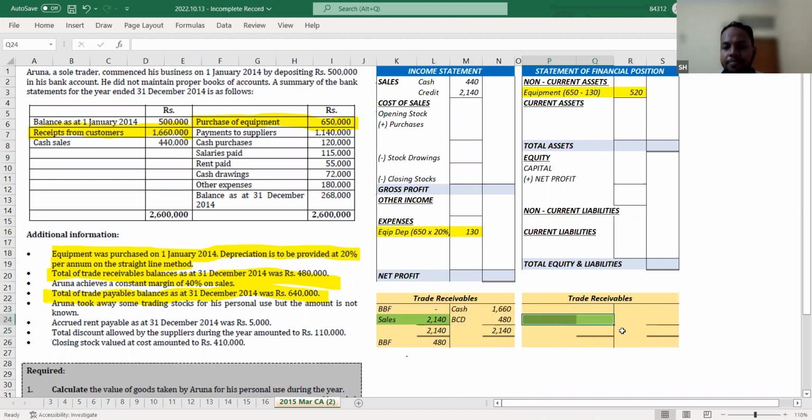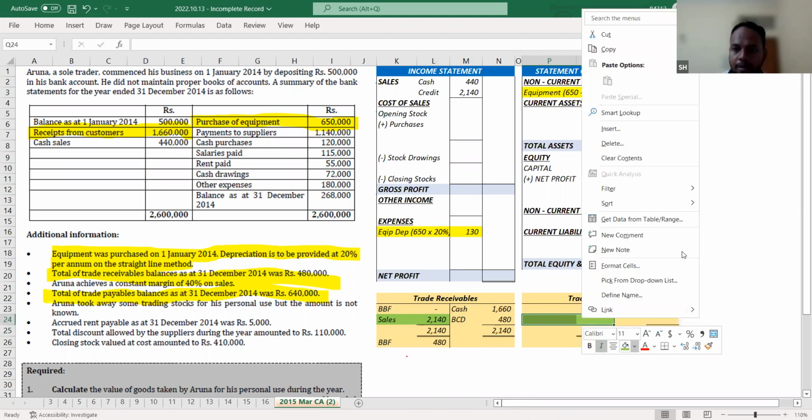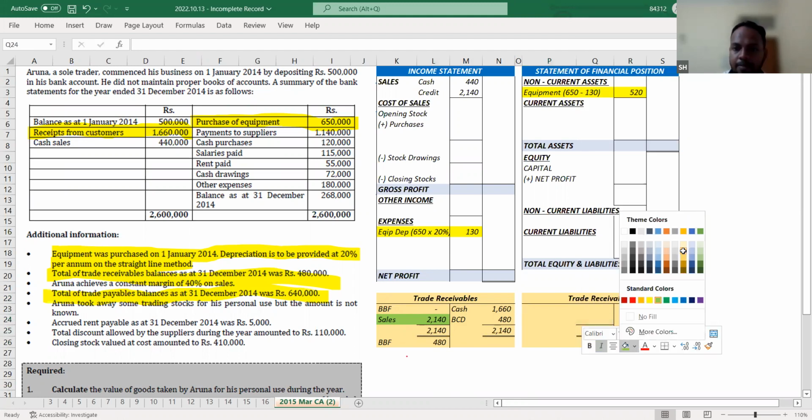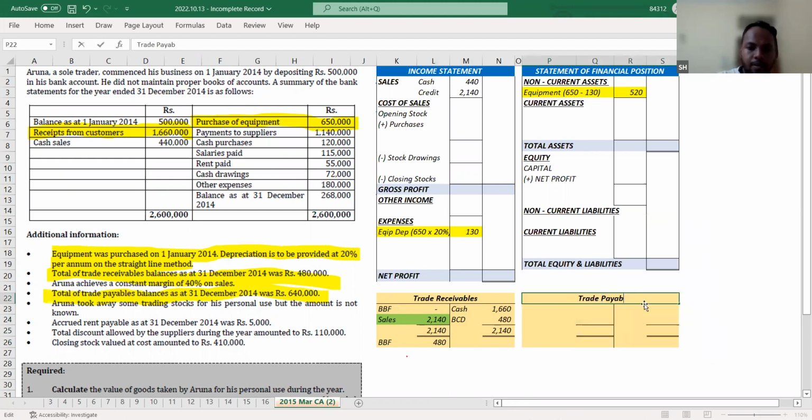Trade payables. Let's find out trade payables. There is no opening balance because the business started during the current financial year. Then the closing balance is how much? 640. 640 closing balance.